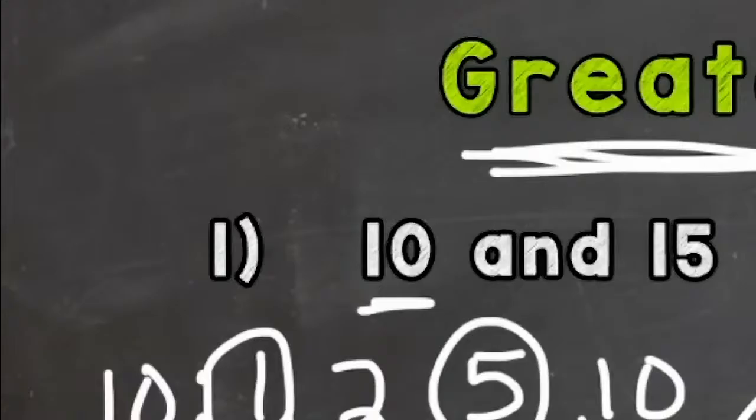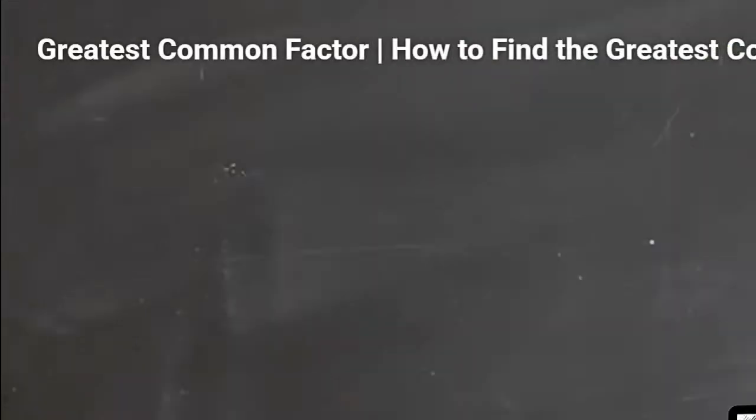Yes, 3 times 7. So there are our factors for 9 and 21. They have 1 in common, and they also have 3 in common. So the GCF, or greatest common factor, is going to be 3. So there. Until next time.